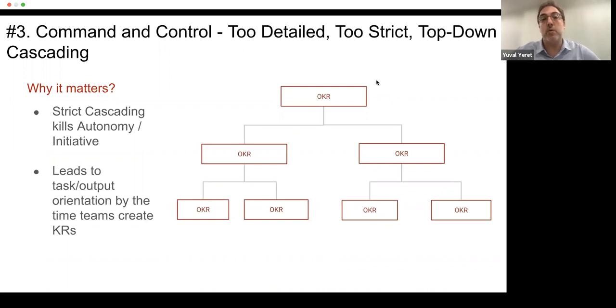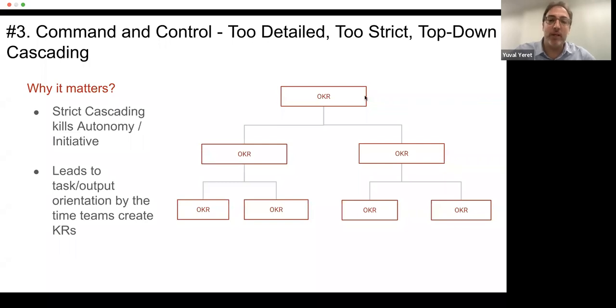They start to say, okay, let's use it throughout the organization. And a lot of organizations fall into the trap of what we call cascading, which is basically setting OKRs for different groups top down.